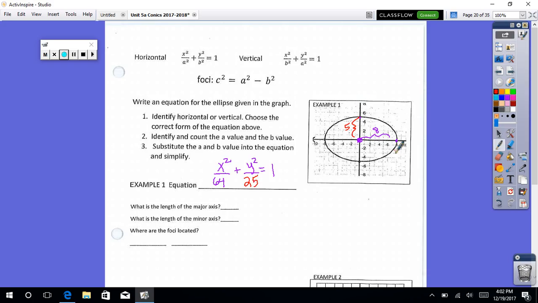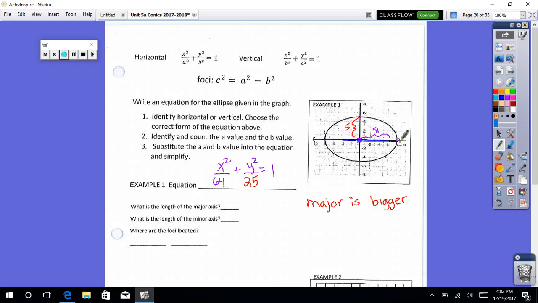Pretty simple there. Now, major versus minor axis. Your major axis is going to be the bigger one. Major is bigger. Since we are turned sideways, our major axis is going to be this entire length right here.